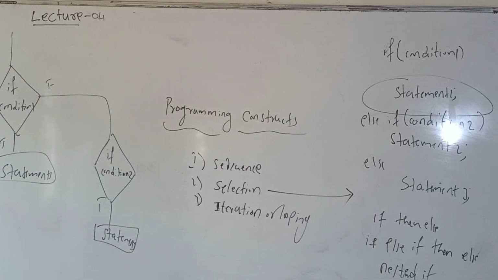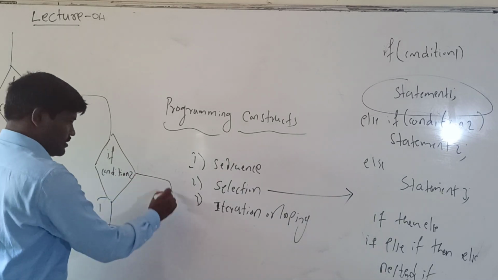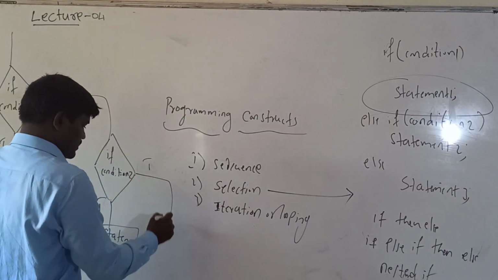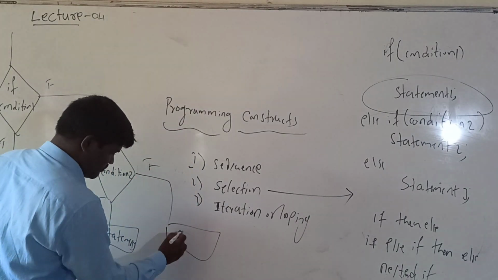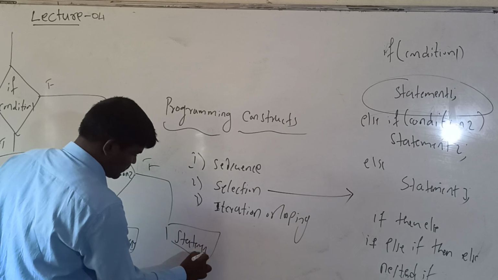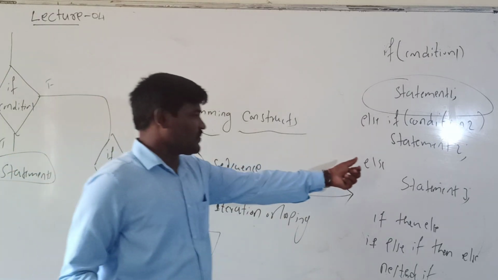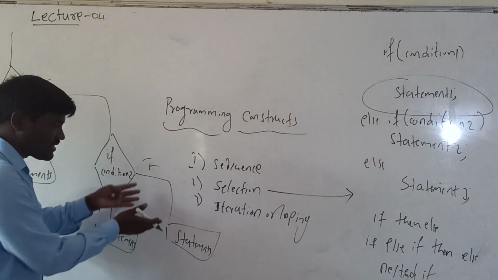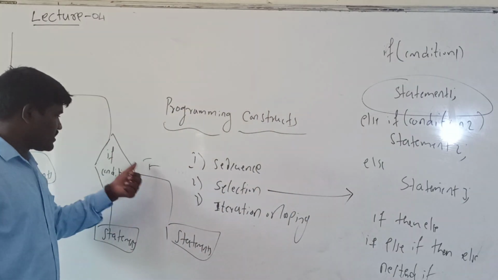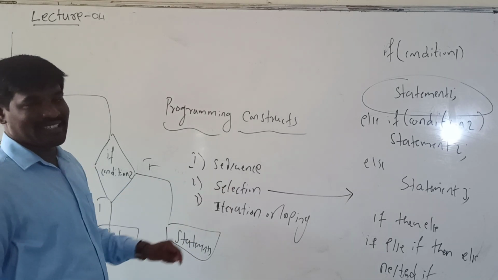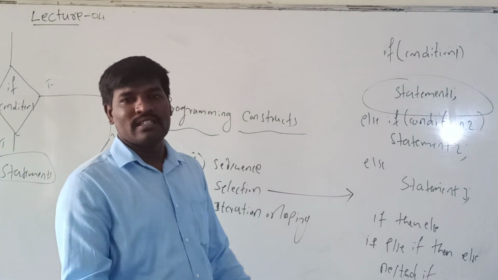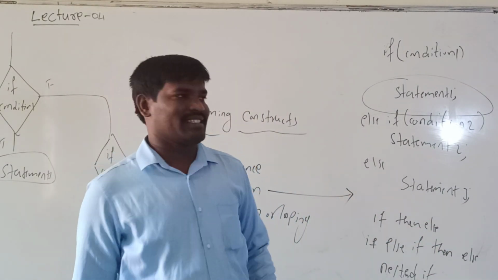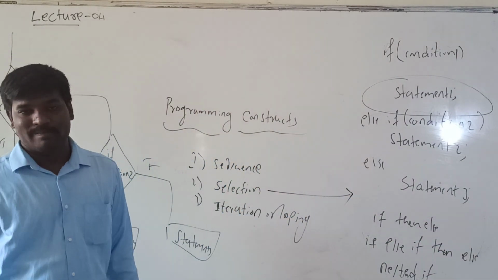False means, according to this syntax, again statements: statement 2, statement 3. Suppose in the bracket of condition 3 you can write one more condition. If that is false, again you are checking a condition. Else if is nothing but, inside the false block, again checking a condition. That's why it is called else if.